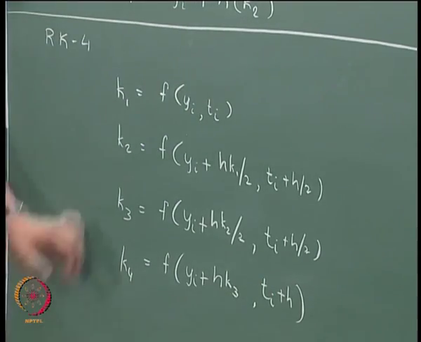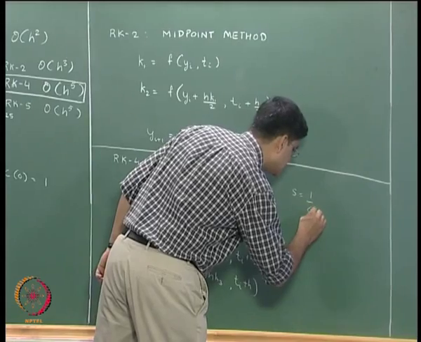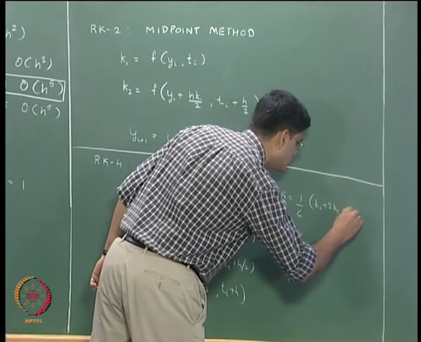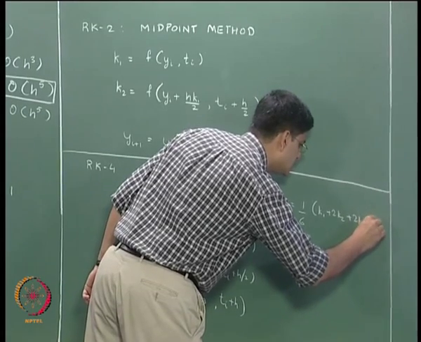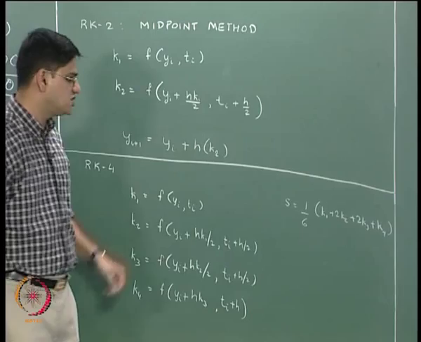Okay. And then s was just a weighted average, 1 by 6 multiplied by k1 plus 2 k2 plus 2 k3 plus k4, and our yi plus 1 was yi plus h times s.